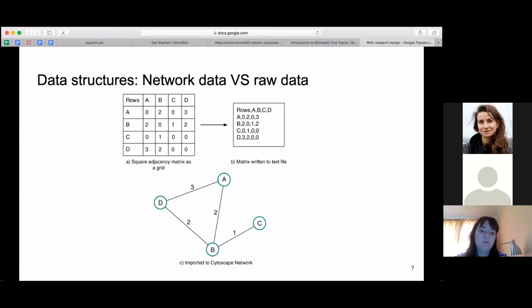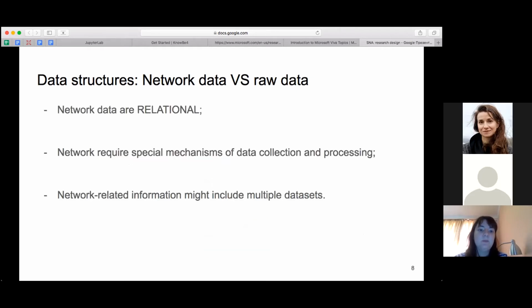Actually, we store information about the relationships between actors. It's important to highlight here that network data are relational data, and these relationships might be very different. There might be different types of relationships at the same moment. These relationships might be valued or not.